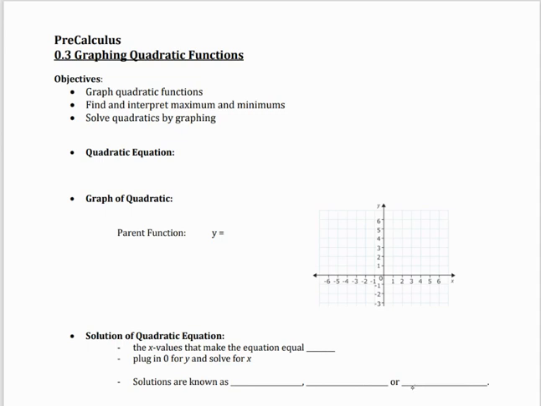So a quadratic equation is an equation in which the variable x is raised to the power of 2.